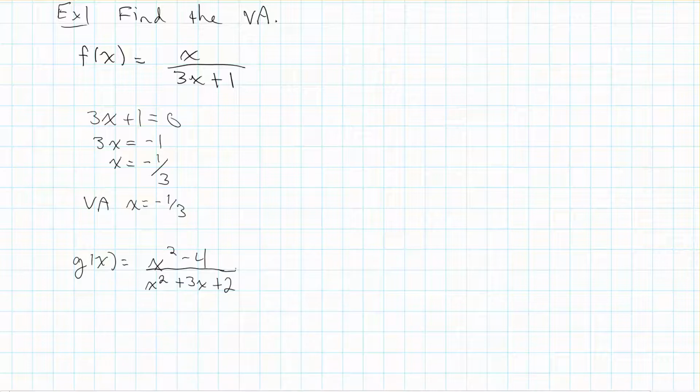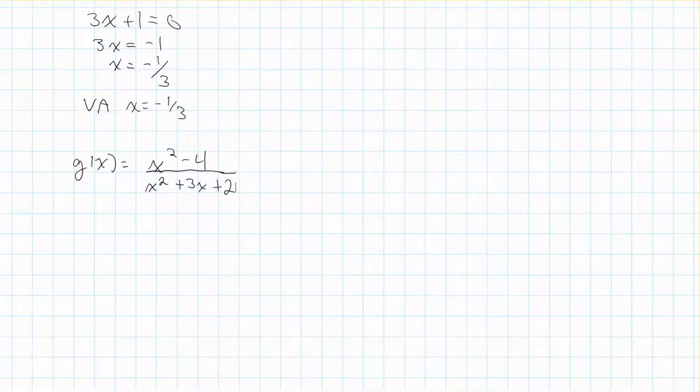Now, if we just looked at the domain here, so let's look at the domain first. My domain, of course, is all real except what makes the denominator 0. So let's look at what makes the denominator 0. So we have x squared plus 3x plus 2.